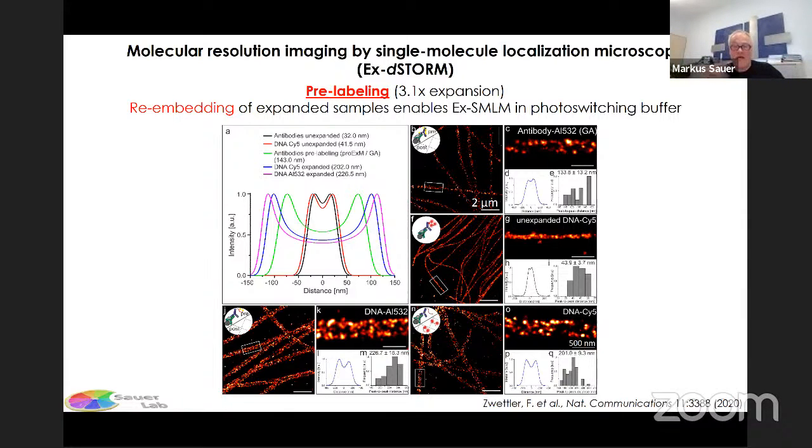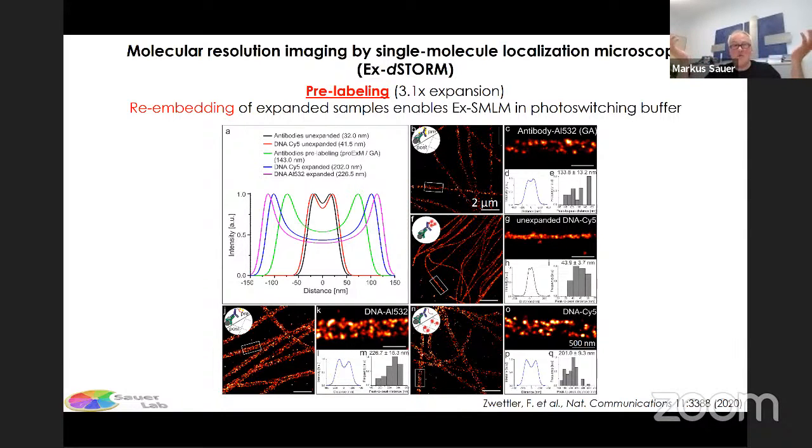But you always will end up with diameters of far more than 100 nanometers, up to 200 nanometers if you use primary, secondary antibodies and the DNA. And we also modeled all this, and this is also confirmed by the experimental results. It's because if you expand 4-fold a 10 nanometer antibody, it will also be 40 nanometers displaced.